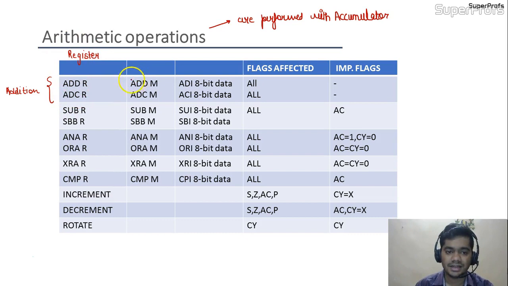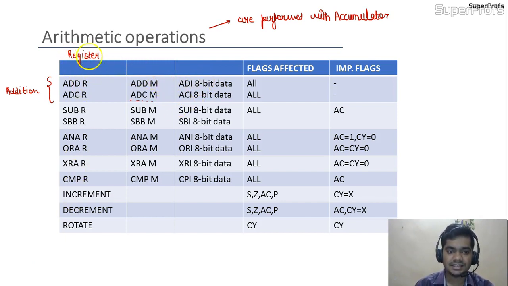Similarly, ADD M means that the data which the HL register pair is pointing to would be added to the accumulator. Similarly, this addition would be done with carry. Here ADI 8-bit data means this 8-bit data would be added to the accumulator.